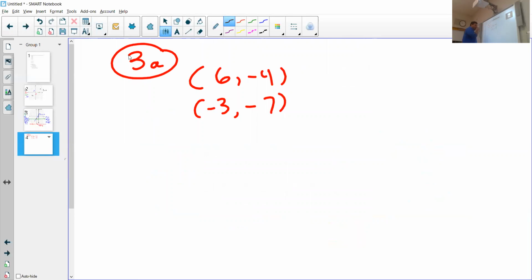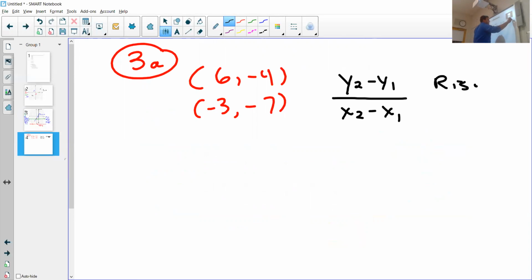You need to know the slope formula. The slope formula is y2 minus y1 over x2 minus x1. What would help you remember that is rise over run. But it's y2 minus y1 over x2 minus x1.